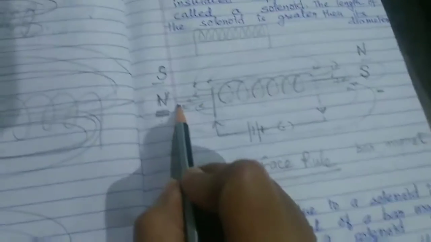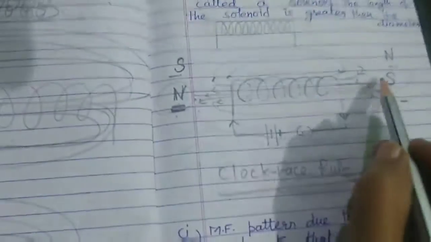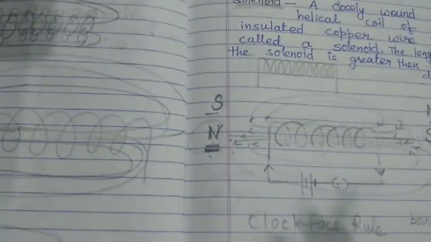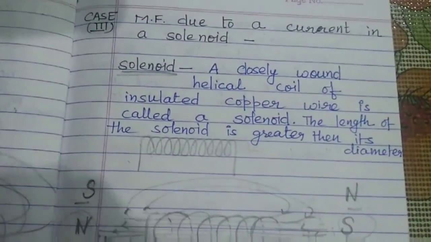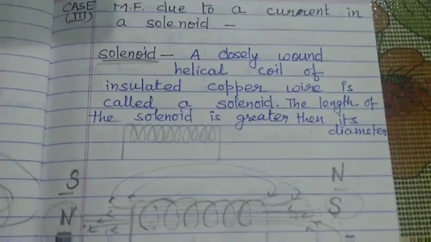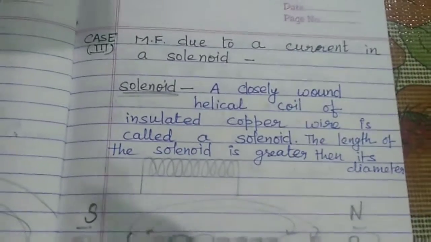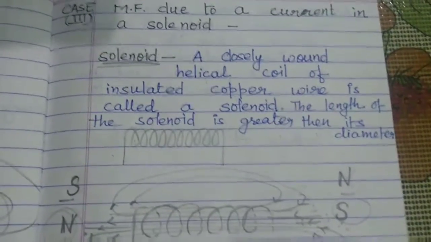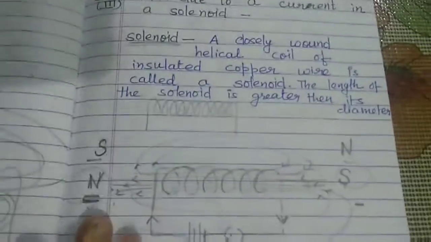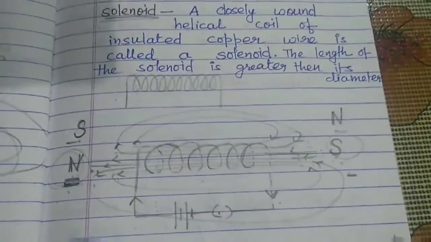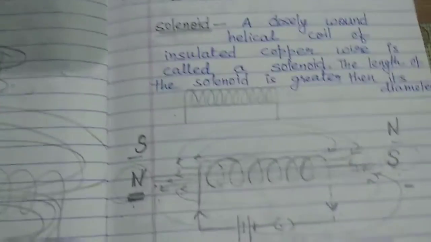Okay, so this end is behaving like north pole and this end is behaving like south pole. So what did you study about magnetic field due to a current carrying solenoid? That when current flows through it, the solenoid behaves as a bar magnet whose one end is north pole and other end behaves as the south pole.